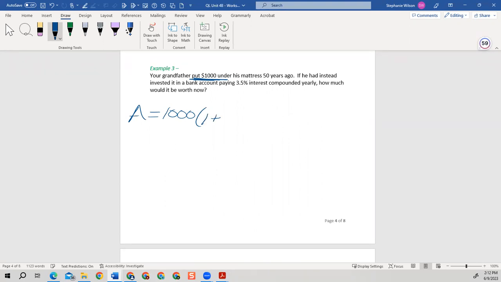Plus, what is our interest? 3.5%, but we're going to write it in decimal, either by dividing by 100% or moving the decimal 2 places to the left. And then we're going to raise it to the power of 50. So if you need to go back to that formula at the top, go get it.